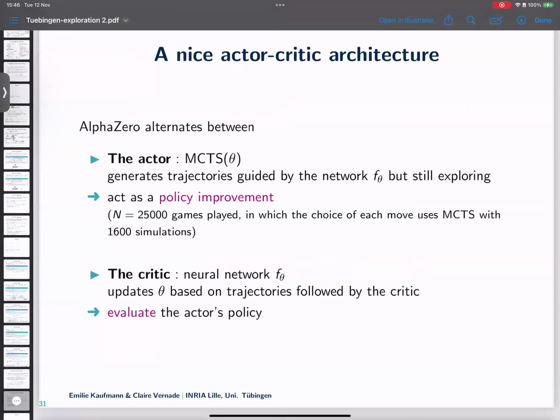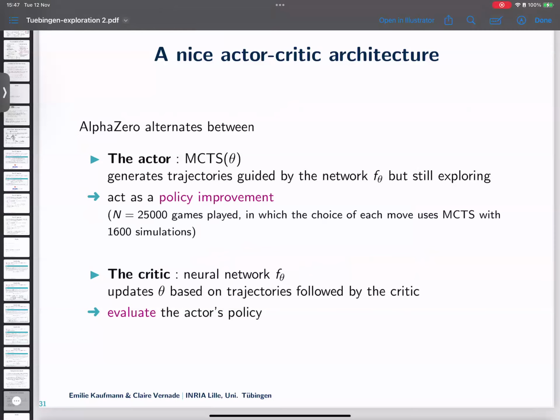We have two heads or two different predictors, two different types of objects, and they interact with each other. And here it's exactly what's happening. We have our critic, which is our neural network that predicts the values of the nodes. And we have our actors, the two MCTSs, that are competing and collecting the data, and they kind of alternately improve each other.